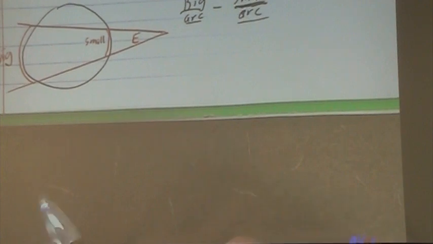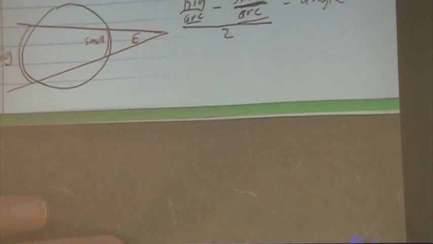Okay? And if I wanted to find angle E, what I would do is I would take my big arc and subtract my small arc. So big arc minus small arc. We're not dividing by anything yet.